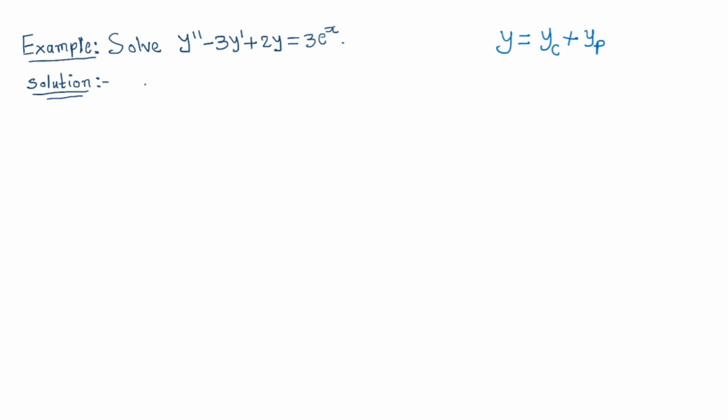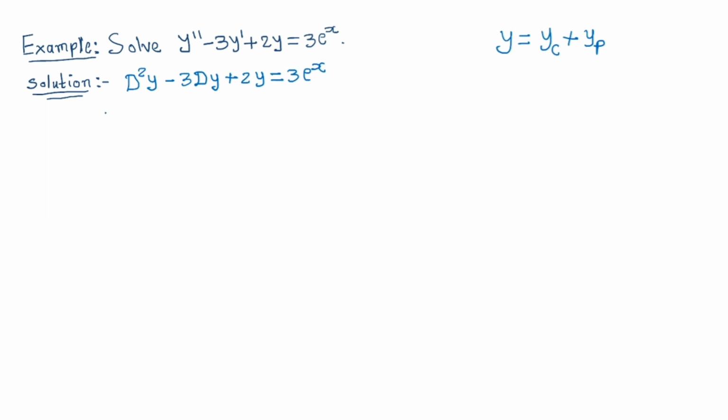We will start with yc. For yc, we need its auxiliary equation, and for that let's have the decoded form. The differential equation y double dash minus 3y dash plus 2y will be d square y minus 3 dy plus 2y is equal to 3 e raised to x.